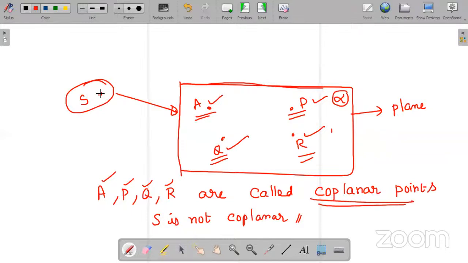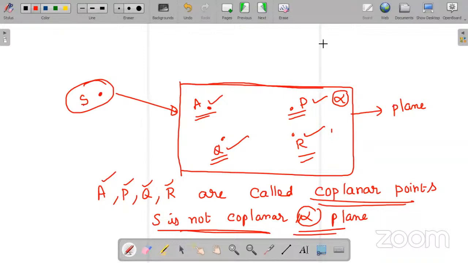But S is outside the plane, in the exterior of the plane. So S is not included in the plane. S does not belong to the plane. So S is not coplanar with the alpha plane.